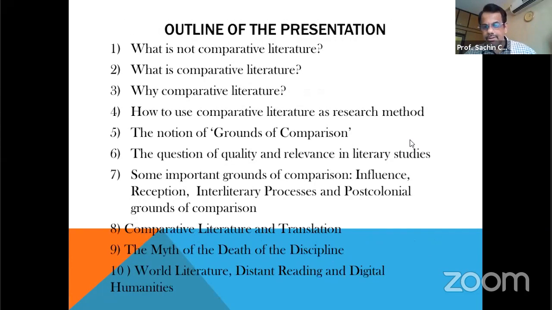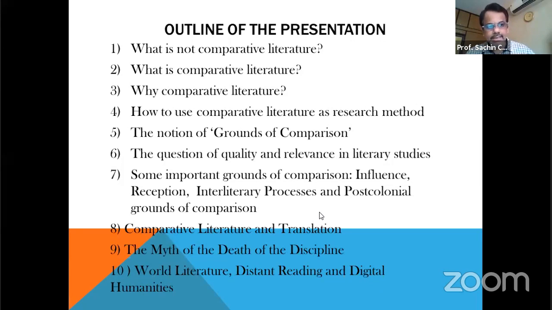So what am I going to talk about today? I'm going to start out by discussing what is not comparative literature. I'm also going to talk about what is comparative literature. Then why should we be bothered about comparative literature, or why should we engage with this whole question of comparative literature and comparison?